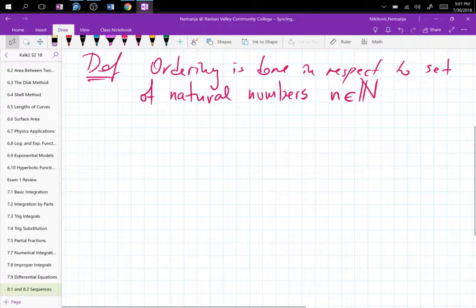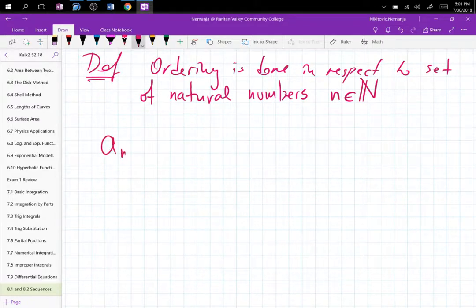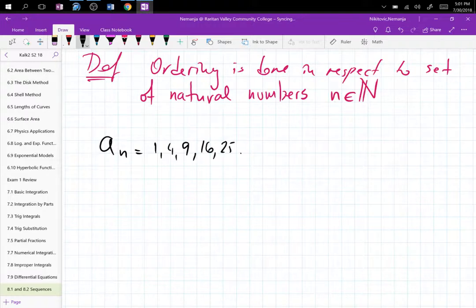Now let's see another example over here. So a_n is equal to 1, 4, 9, 16, 25, 36, 49, and you already recognize this pattern, right?